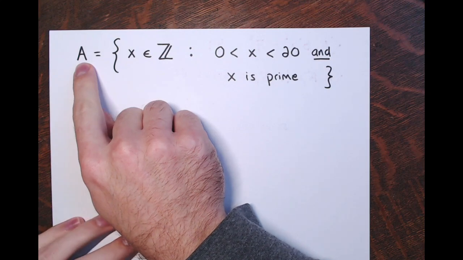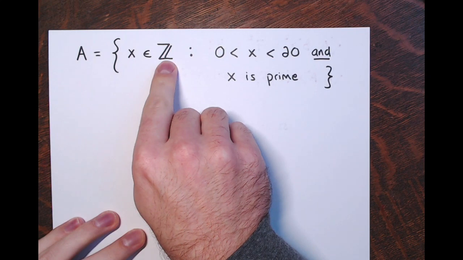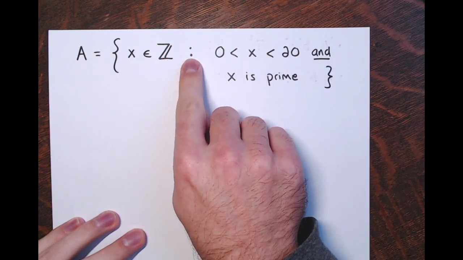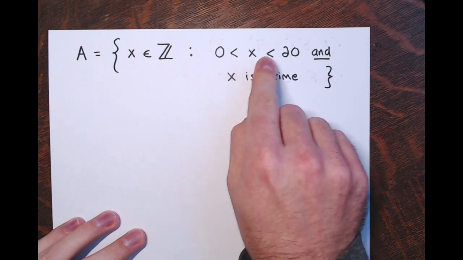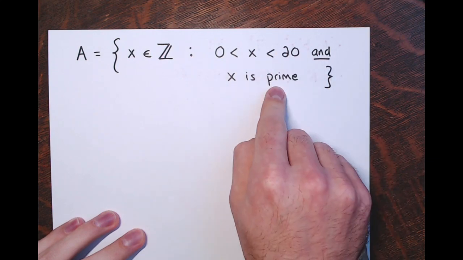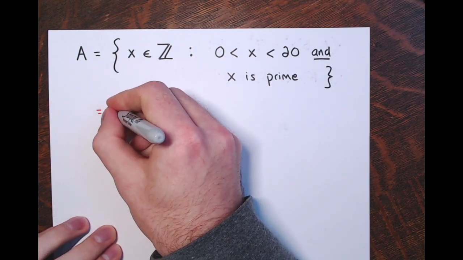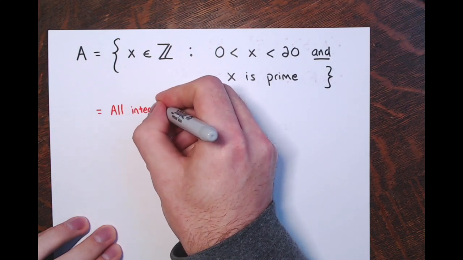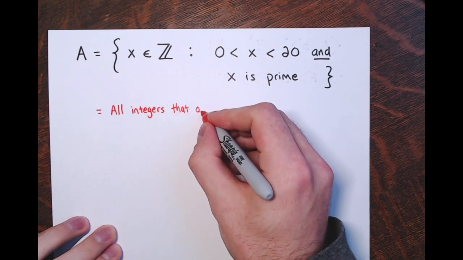I just call it set A as all the integers that satisfy the following condition, such that they're between 0 and 20 and prime. If I wrote this out in words, this is all the integers that are between 0 and 20 and prime.